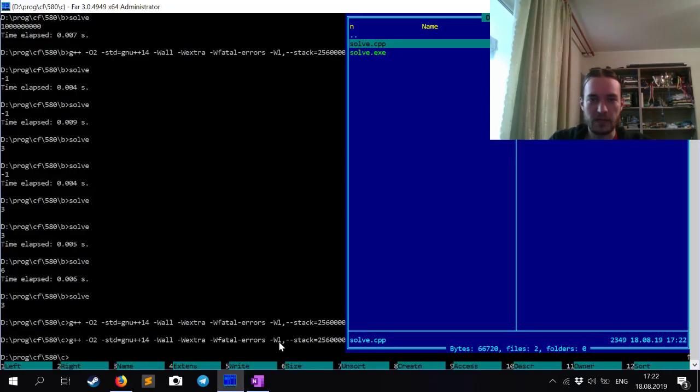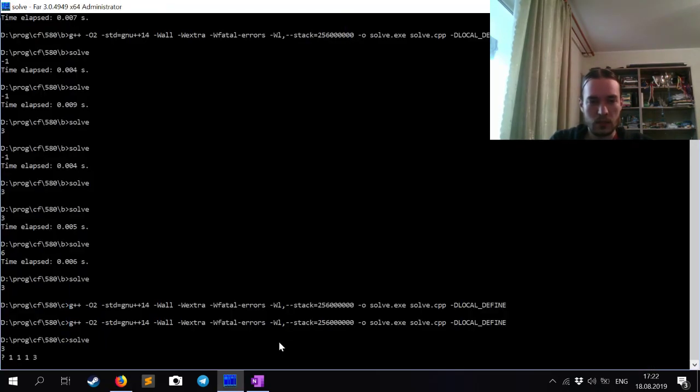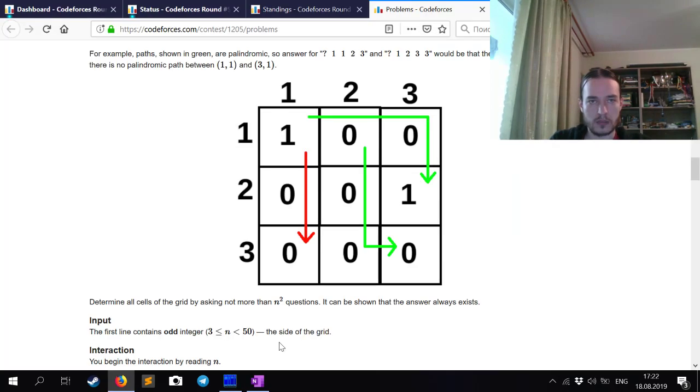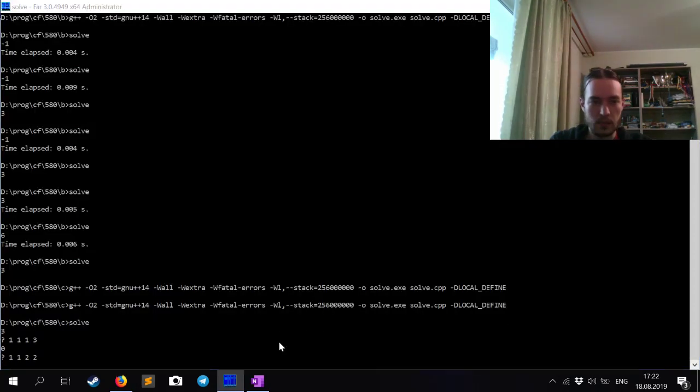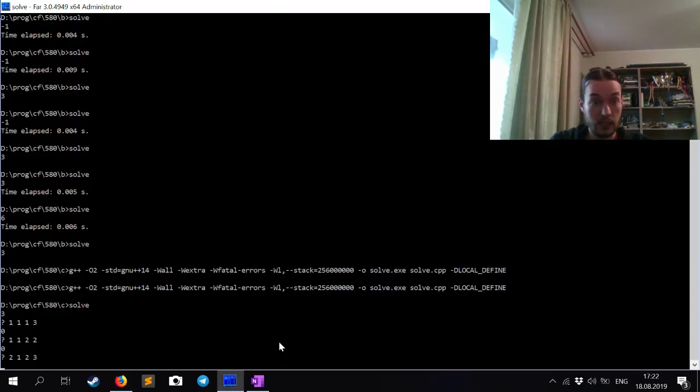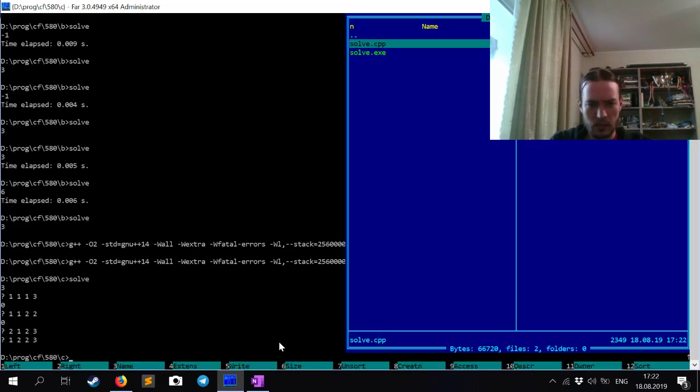So for this grid, for example, 1, 3 is supposed to be the horizontal. 0, 0 again, 3, 1.